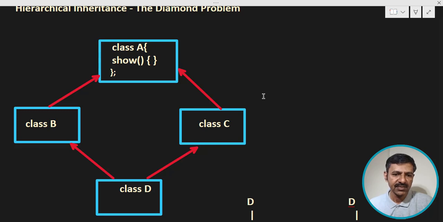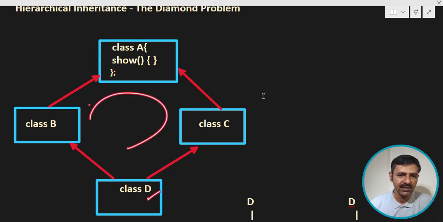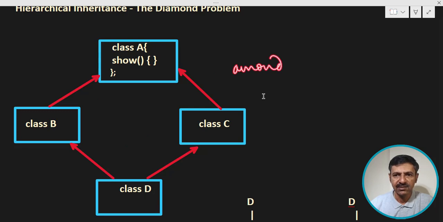But if you extend class D from B and C, then you have a diamond problem here. So what is this diamond problem and how do I solve it?